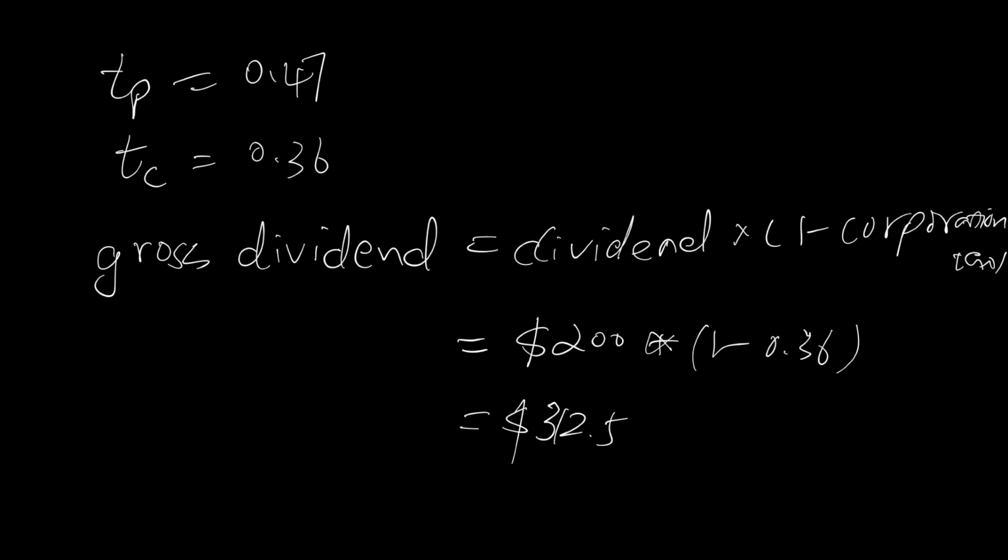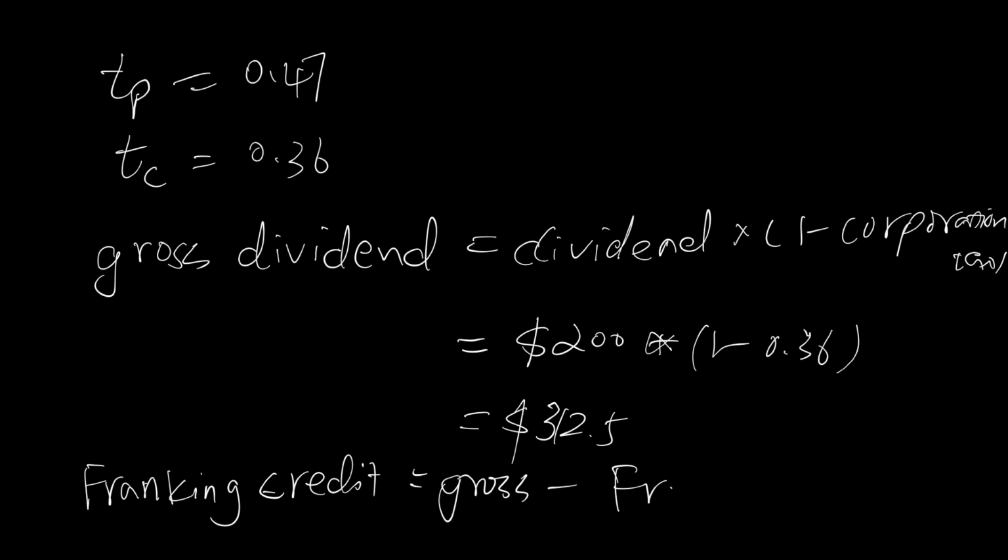Next, we know the gross dividend and we know the franked dividend. Franking credit can be calculated as the gross dividend minus the franked dividend, and it gives us $112.5.